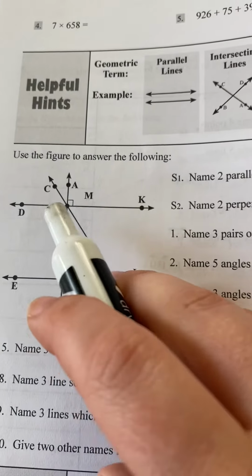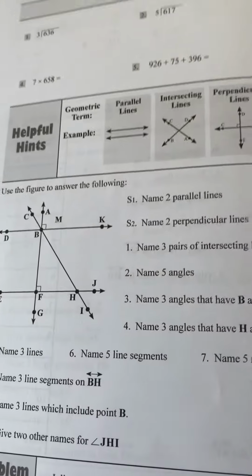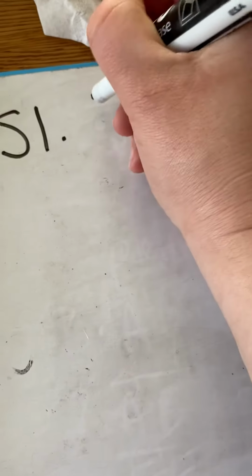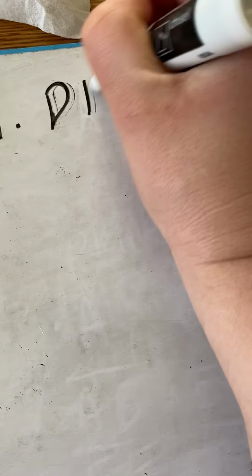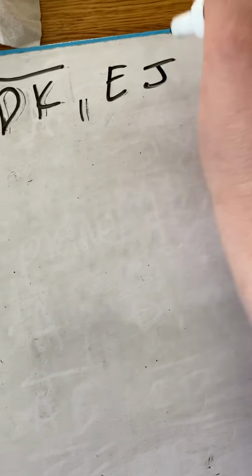I see DK is a line, and it is parallel with EJ. So how I'm gonna write that is DK, the line over top of it, comma to separate, and EJ, the line over top of it. That's the first one that I see.